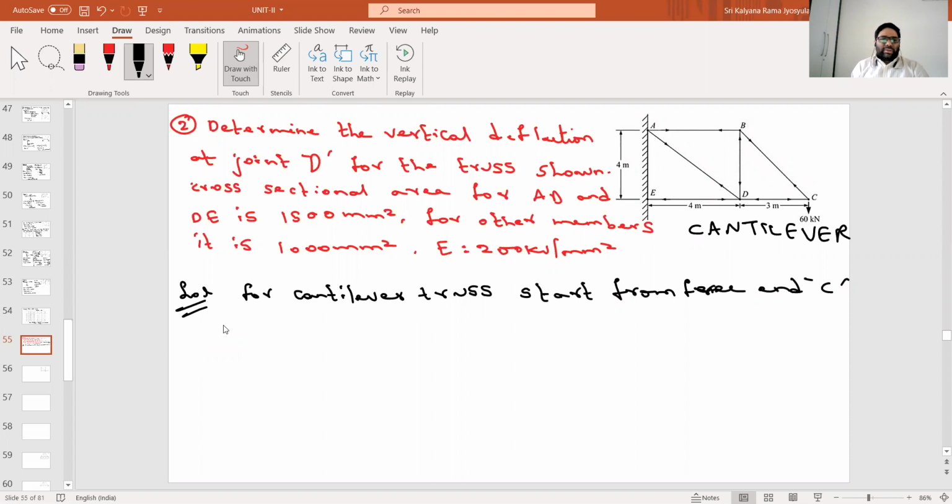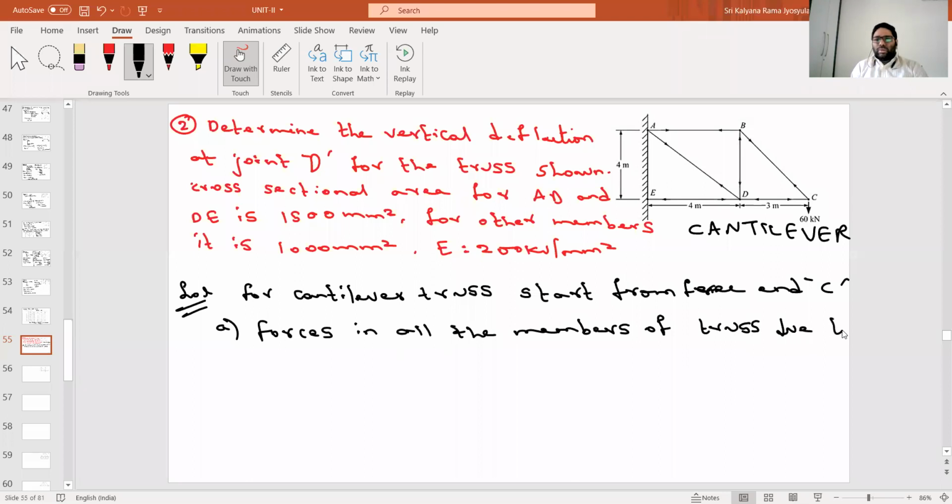Now the first step is to calculate forces in all the members of the truss due to the external load.